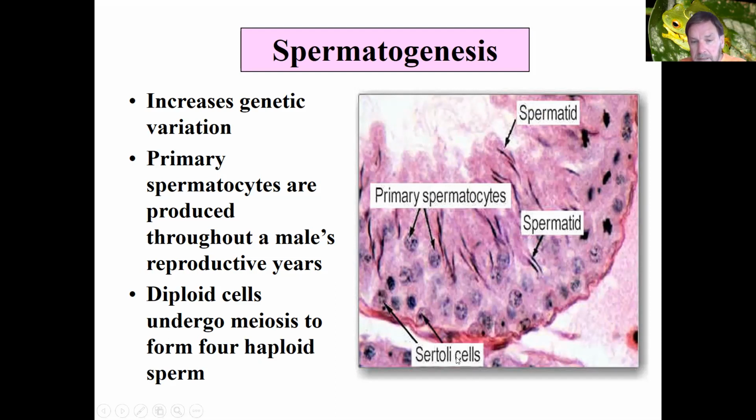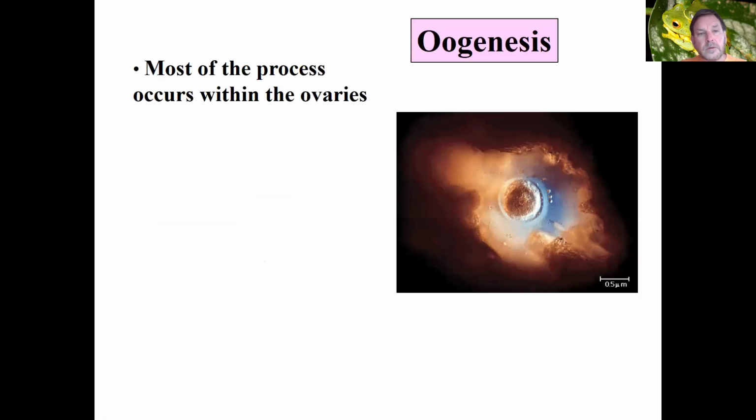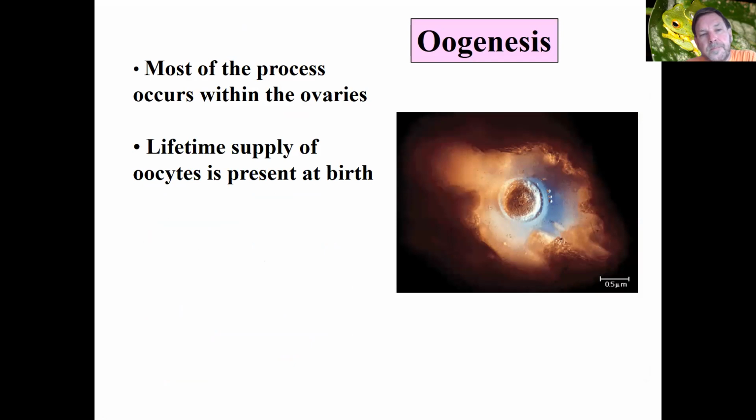You have Leydig cells, which produce testosterone, and Sertoli cells, which also support these spermatocytes. Spermatids are tiny little sperm ready to go during ejaculation. In oogenesis, most of this occurs in the ovaries.